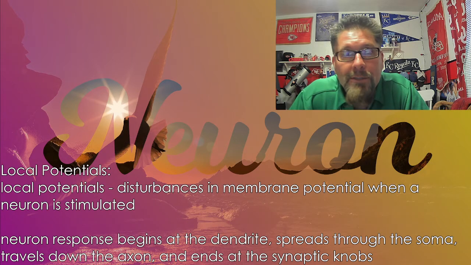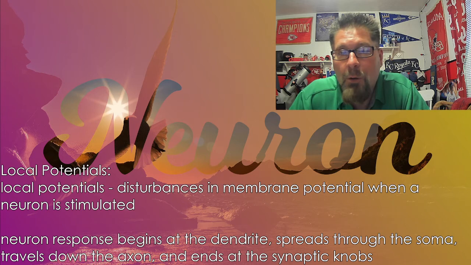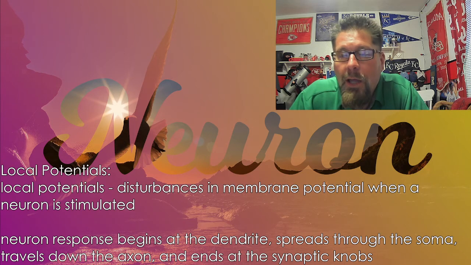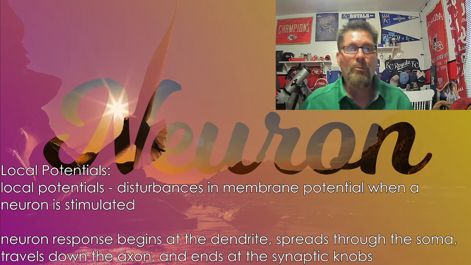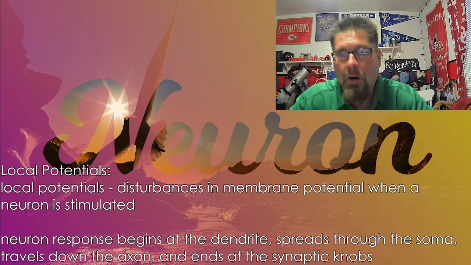And when it hits the soma, that's when the local potential begins, and then that moves down the soma to the trigger zone, which is at the bottom of the soma if you're looking at it upright, and that's when it generates the action potential. And it's the action potential that moves down the axon to the next neuron.